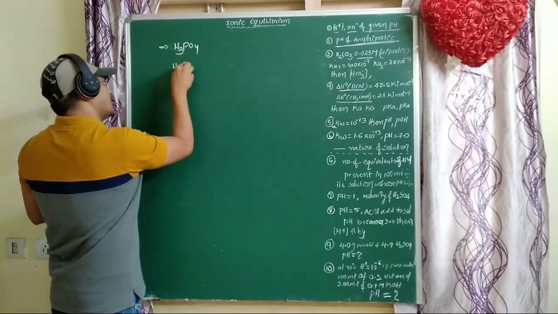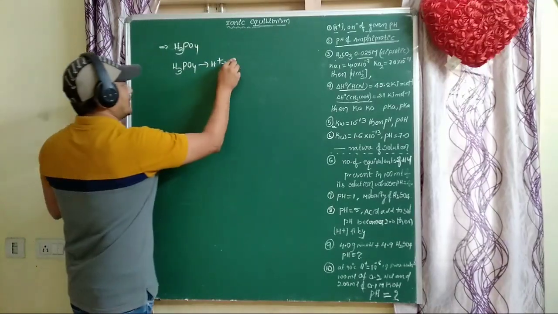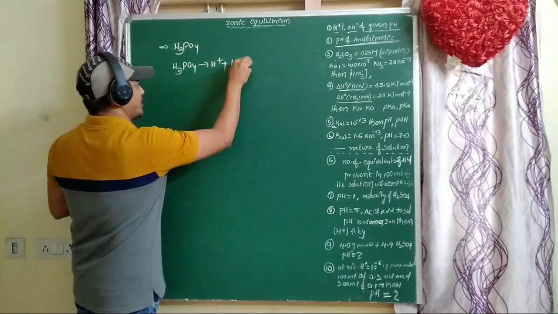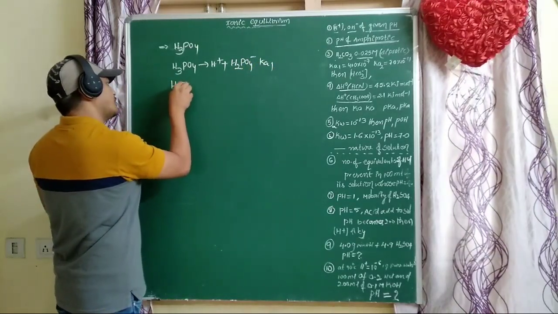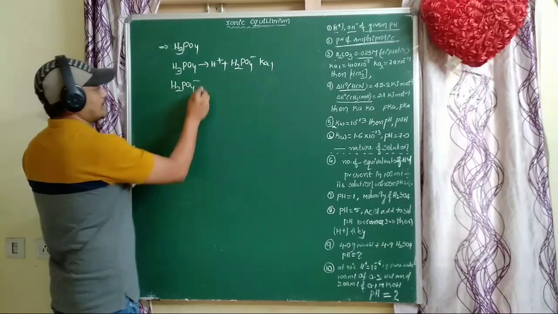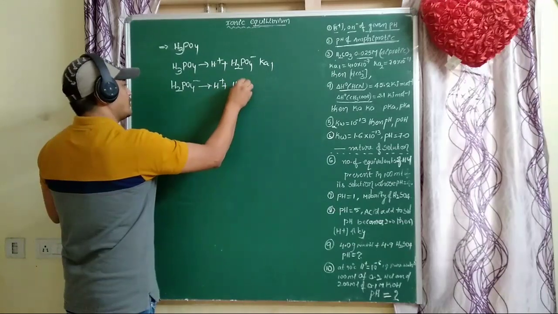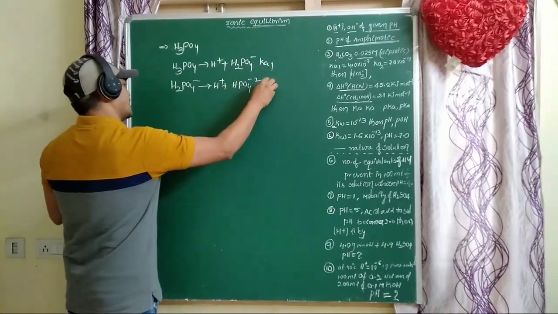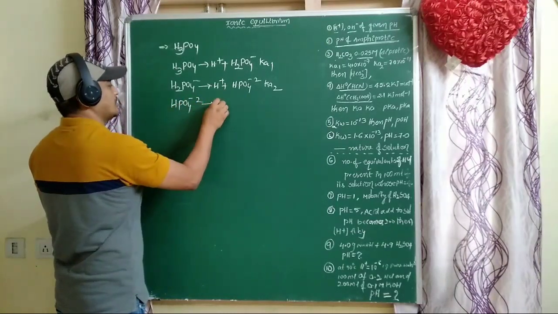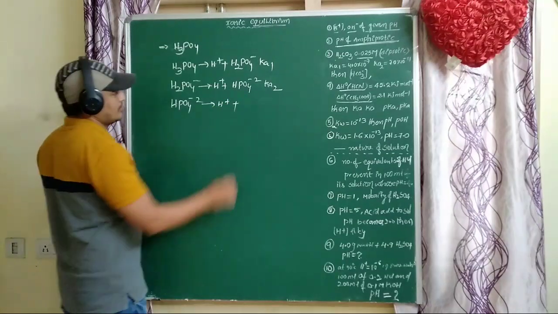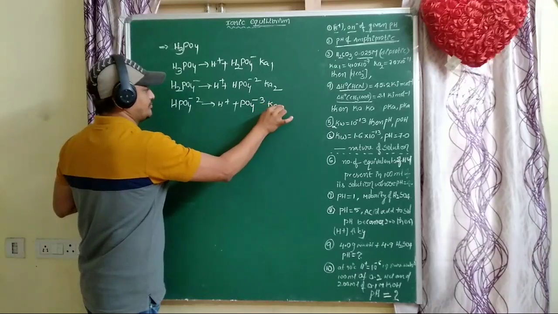H3PO4 converts to H plus and H2PO4 minus, here Ka1. Next, H2PO4 minus converts to H plus and HPO4 2 minus, here Ka2. And HPO4 2 minus converts to H plus and PO4 3 minus, here Ka3.